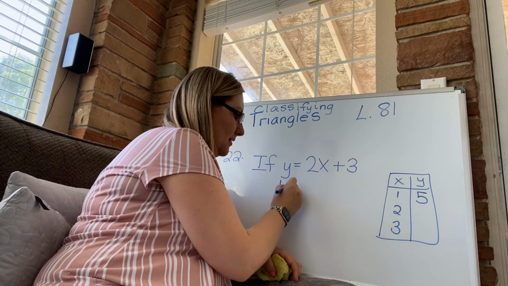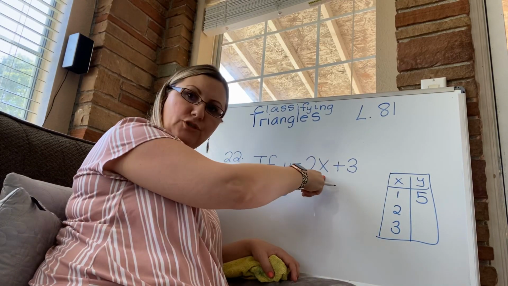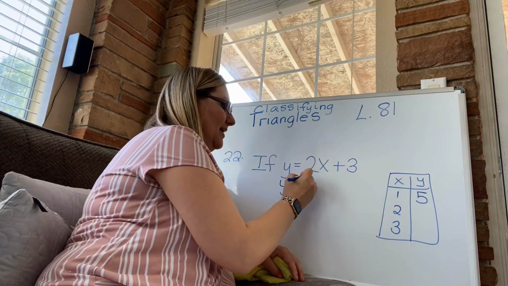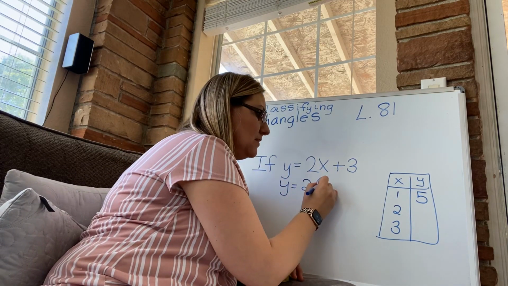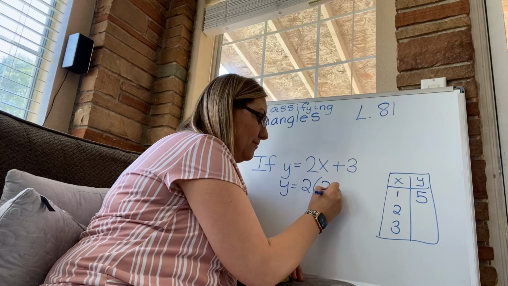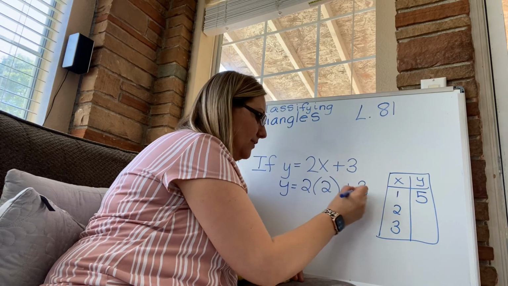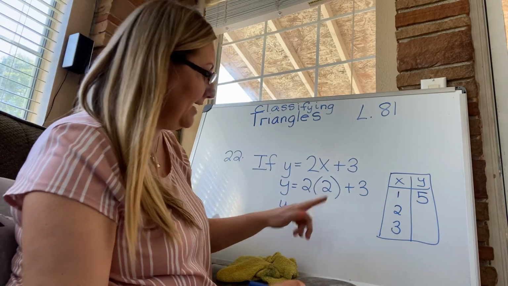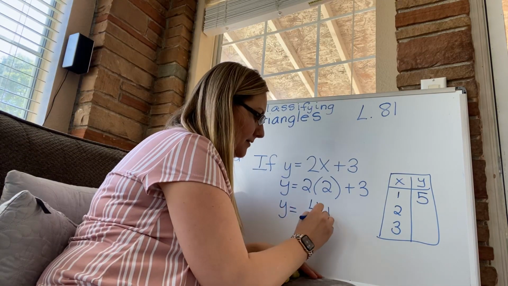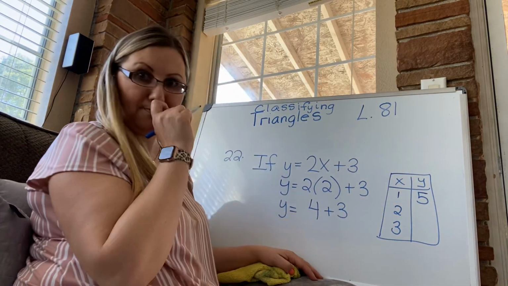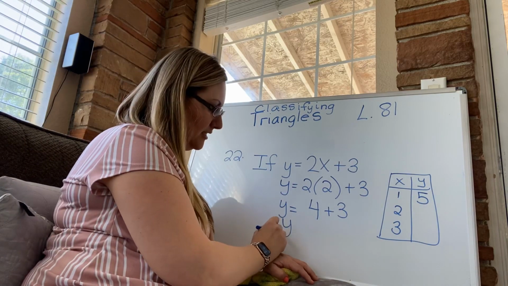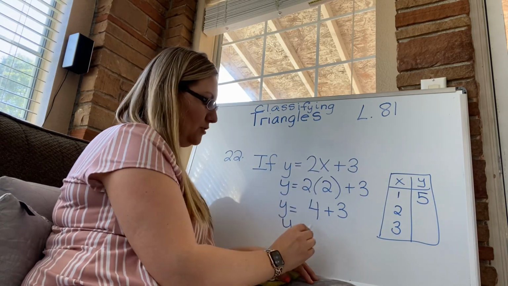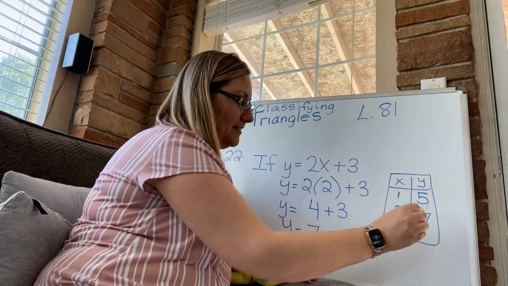So let's get going, and we're going to substitute a 2 in place of that x. So 2 times the 2 now plus 3. Parentheses goes first. 2 times 2 is 4. Bring down the rest, which is the plus 3. And we see that when x was 2, y became 7.